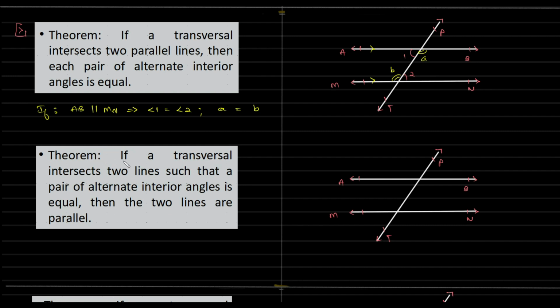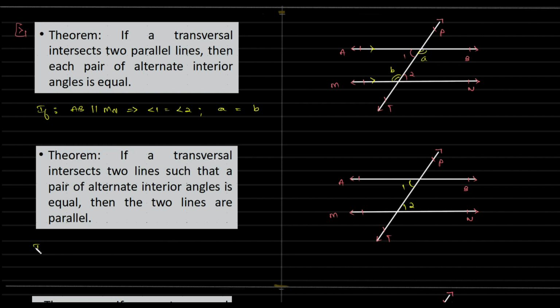Now, the converse of it. If a transversal intersects two lines such that a pair of alternate interior angles is equal, then the two lines are parallel. Here it goes the opposite way. Here it's given that 1 is equal to 2, or A is equal to B. That is given.